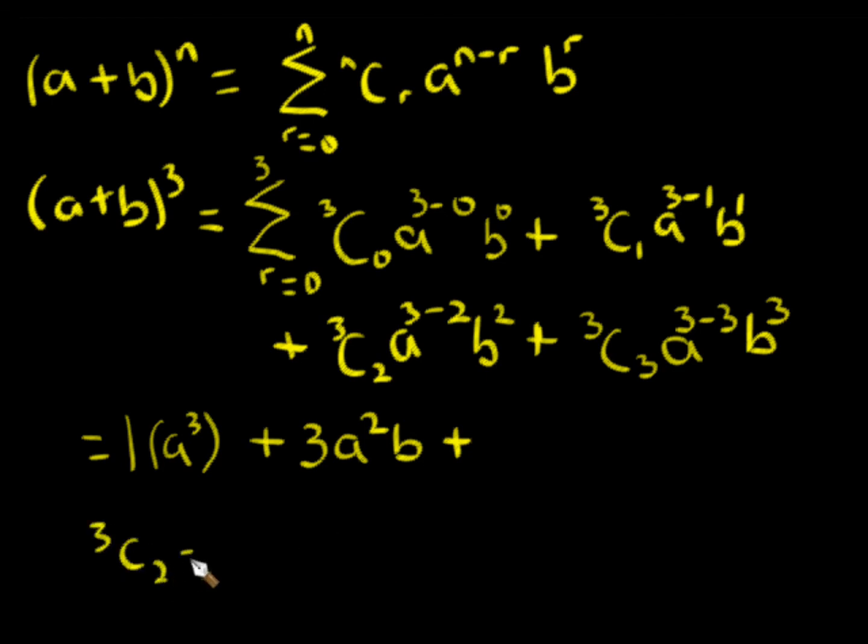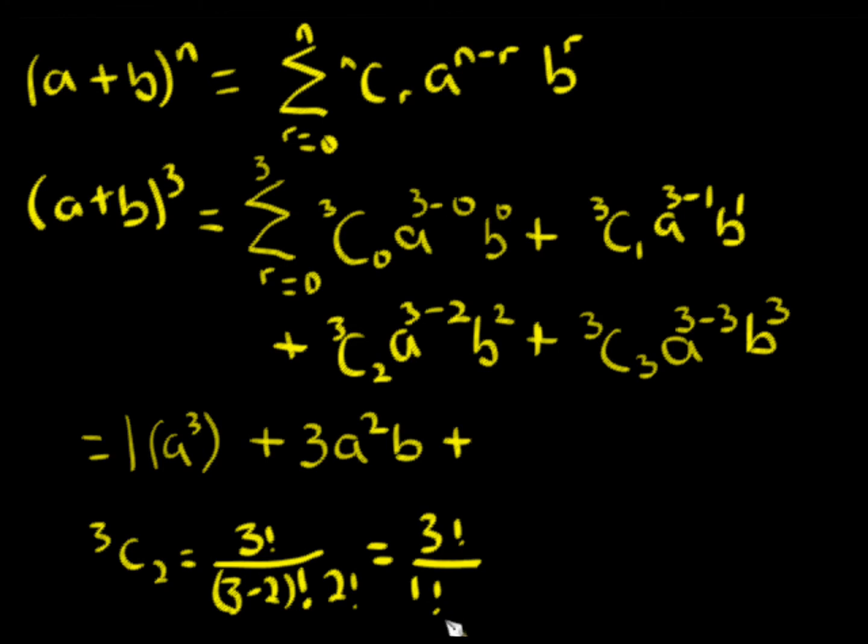3 combination 2 gives us 3 factorial divided by 3 minus 2 factorial multiplied by 2 factorial. So here this gives us 3 factorial divided by, now 3 minus 2 gives us 1 factorial, so that would be 1 factorial multiplied by 2 factorial.